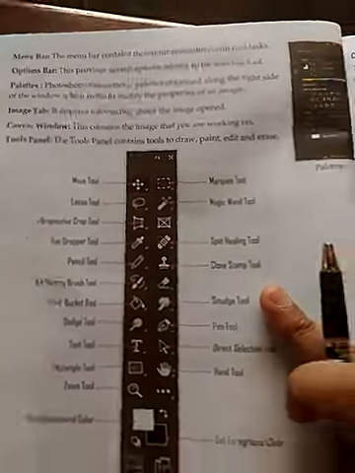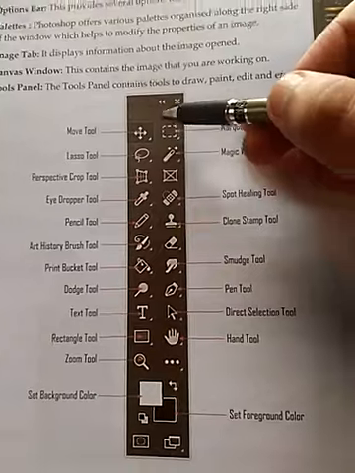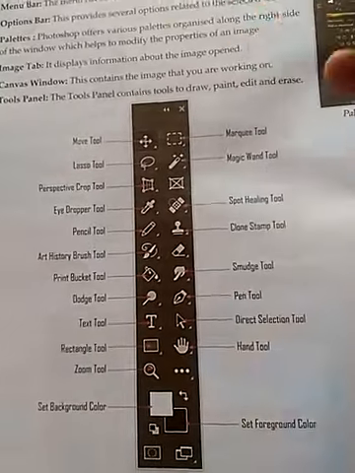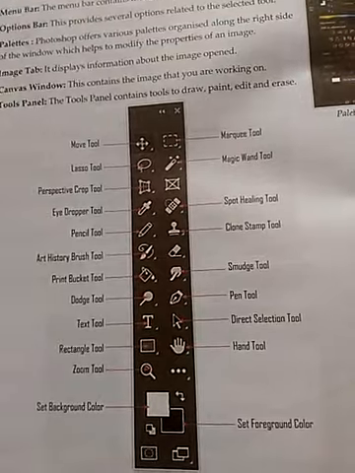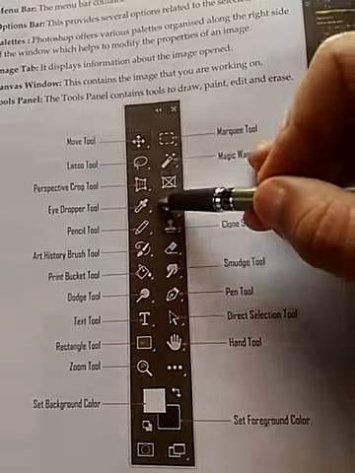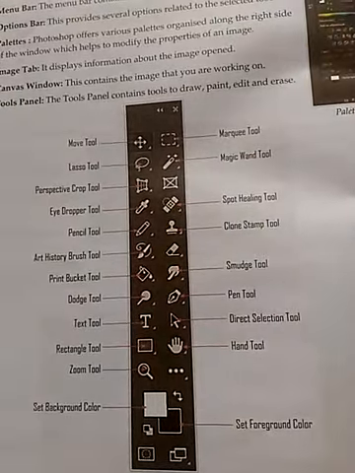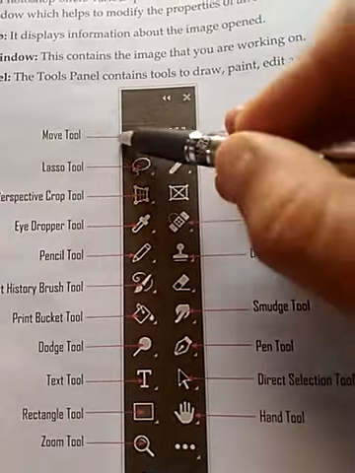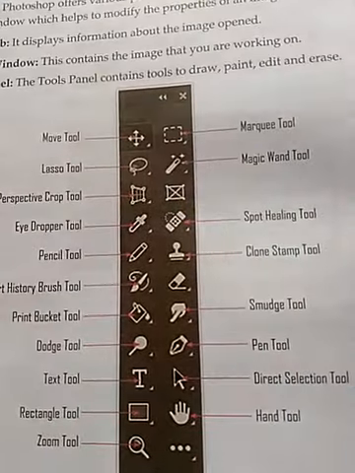Now let us have a look at the different types of tools present on the tool panel. You need to remember the tools and the purposes for which they are used, because these tools help in editing and enhancing the image. This is the move tool.